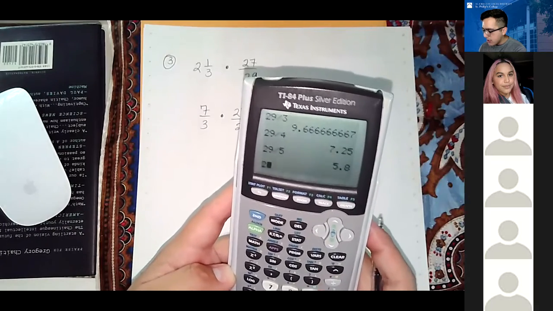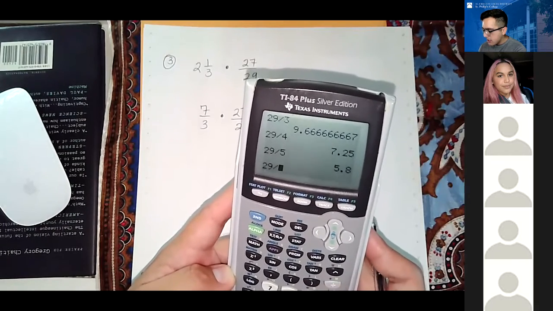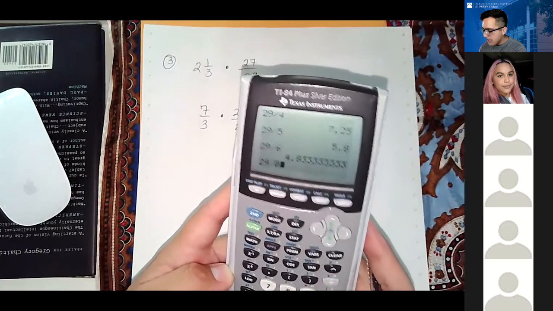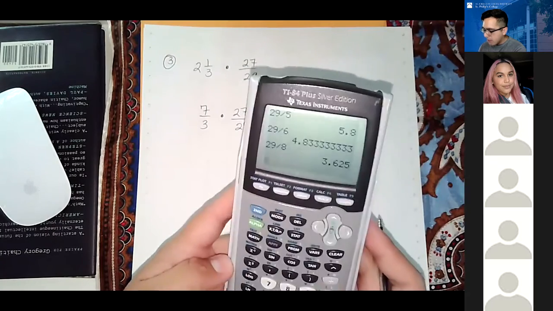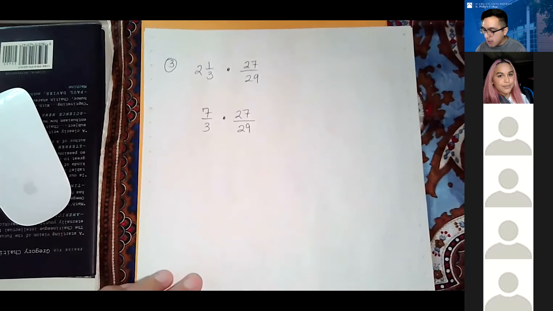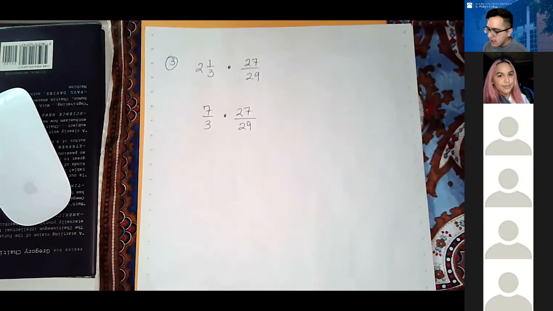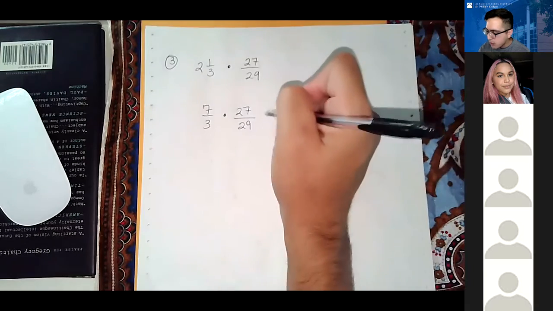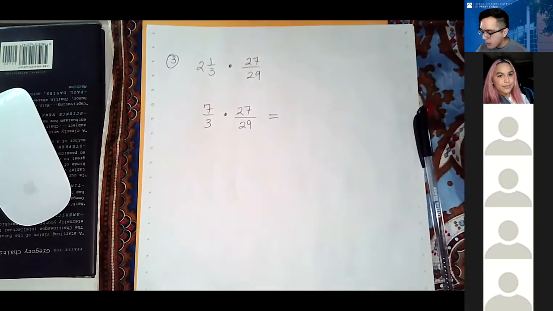I'm pretty sure that 29 divided by 6 won't work because 3 didn't work. 29 divided by 7, we already tried that. 8 doesn't work. And I'm pretty sure 29 is prime if we were to go through that whole process. So to me, it doesn't look like this has any common factors. We're just going to multiply straight across.